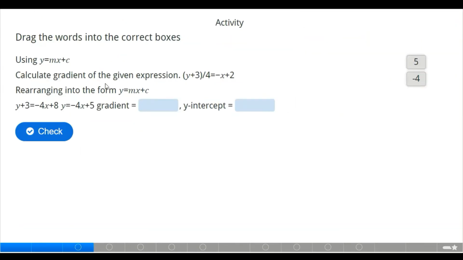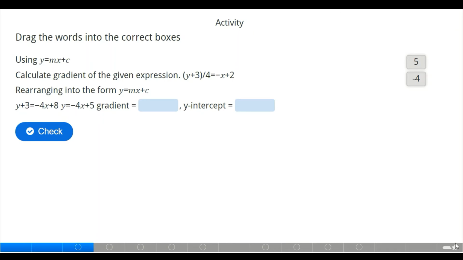Now we have an activity here based on the formula we have, which is y equals mx plus c. We have to calculate this given expression, which is (y plus 3) divided by 4 equals minus x plus 2.